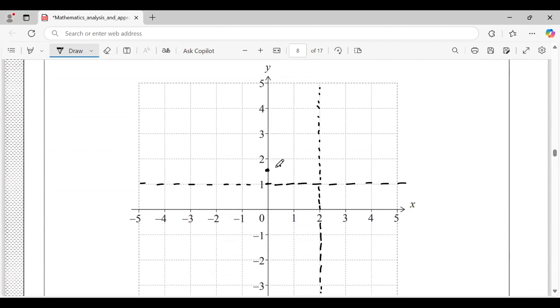This is (0, 1.5) or 3 halves. And after that, (3, 0) is here. This is the coordinate point (3, 0). And after that, we create the graph.